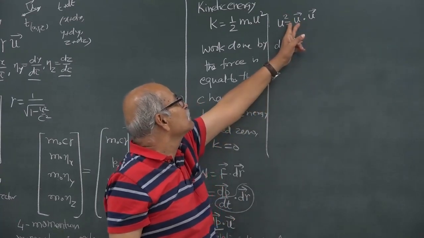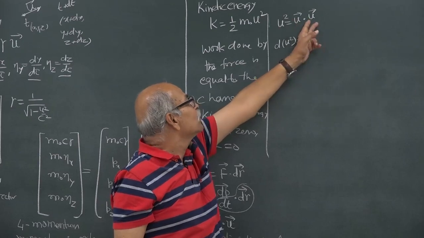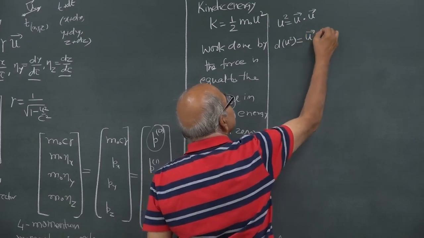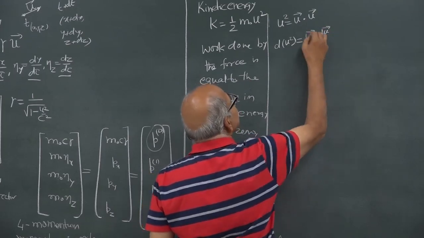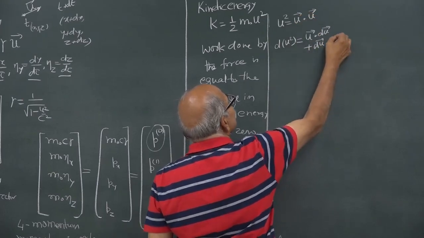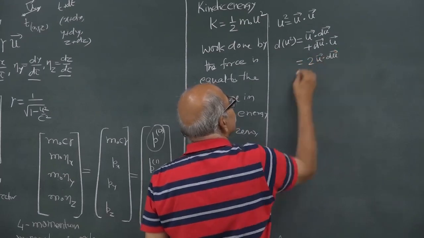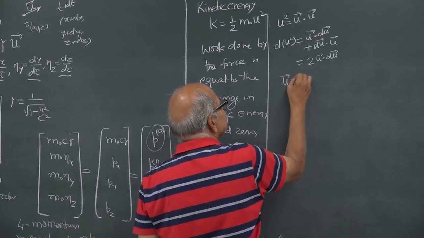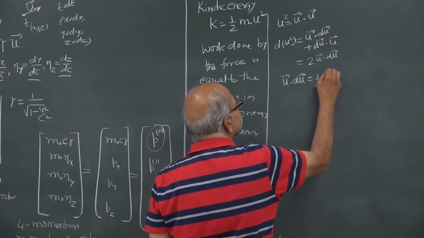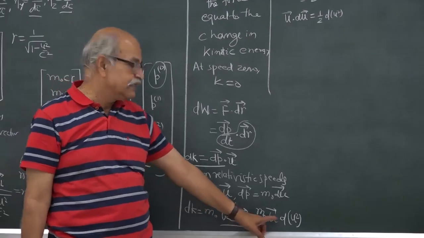So, keep first as constant and then differentiate the second, plus keep the second constant and differentiate the first. So, you get u dot du plus du dot u, and that is 2 times u dot du, and hence u dot du is half of d u square. So, that we are using here, u dot du we are writing half d of u square.